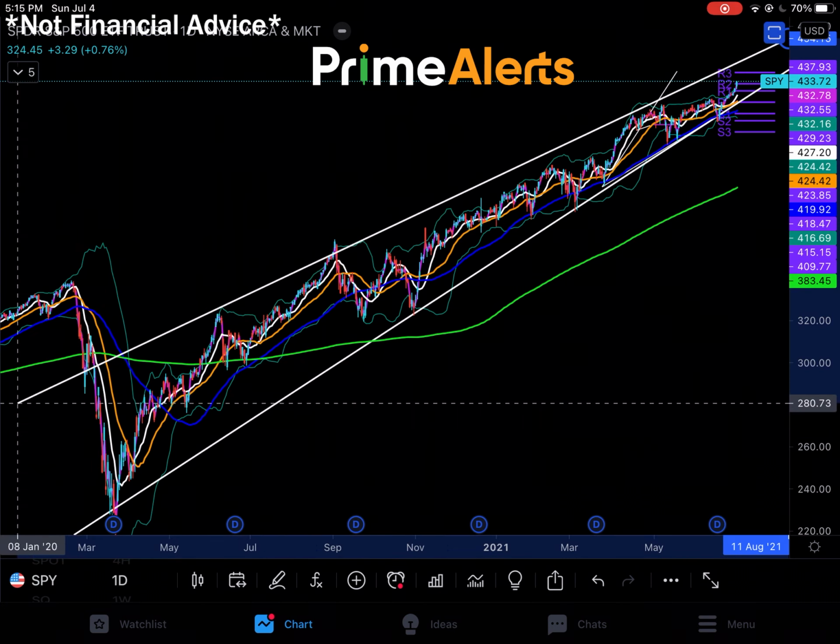Okay, that's the most accurate that I can make it, but you get the picture. We don't have much room left until eventually the gap is going to get tighter and tighter, and when this type of long range channel forms, it's going to come back down.